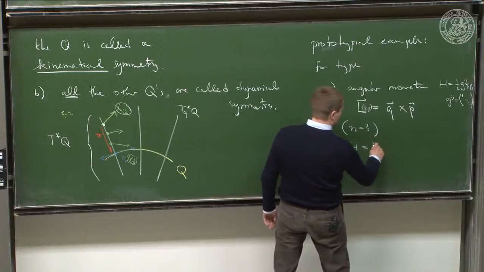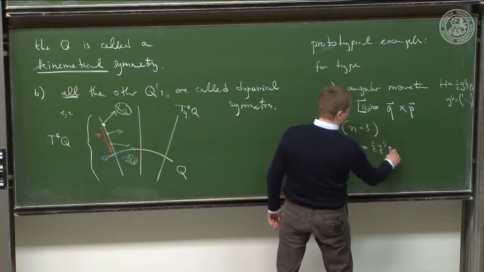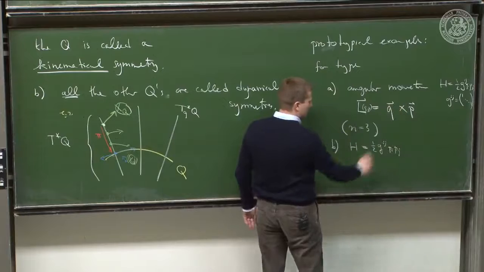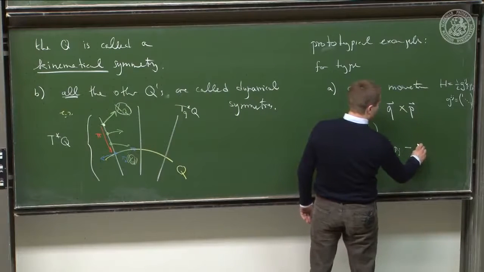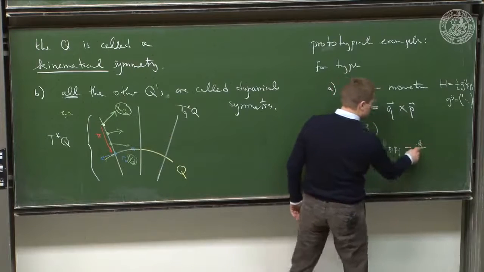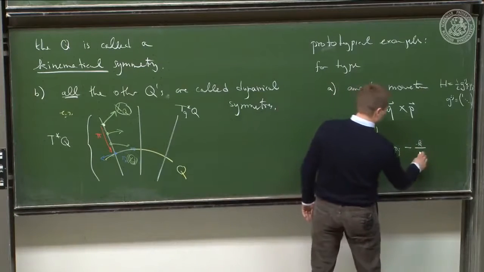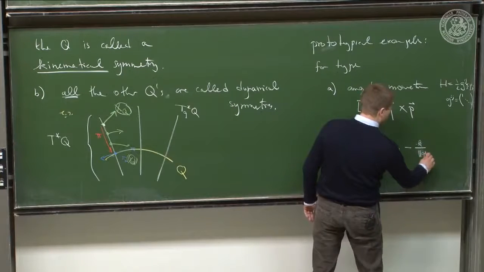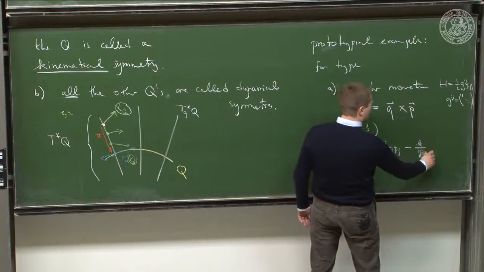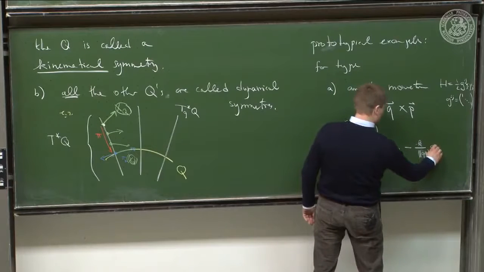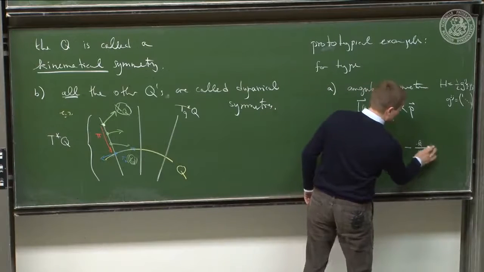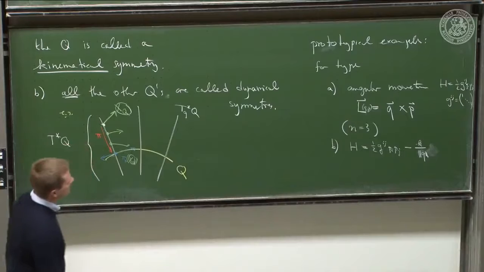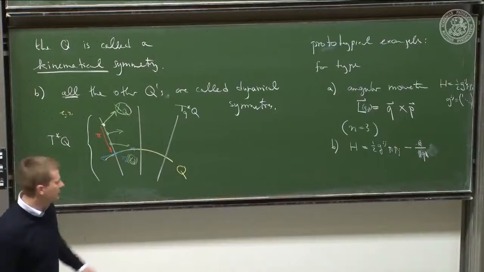The other example is 1/2 G_ij P_i P_j, again flat metric, minus k, some gravitational constant with the central mass absorbed there, divided by the absolute value of q times the unit vector of q. Well, we could write here the square, and then again, hang on, now I'm confused. The potential, I'm sorry, the potential is just this. Yes, that's right. So that would be the Kepler potential.